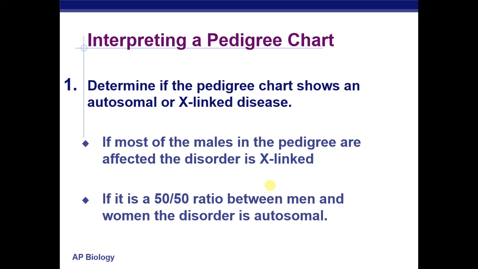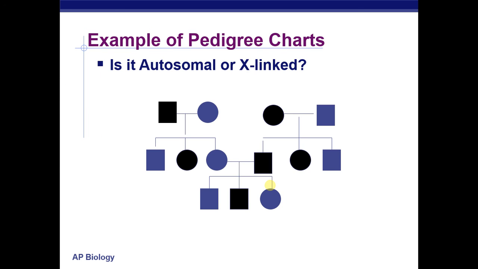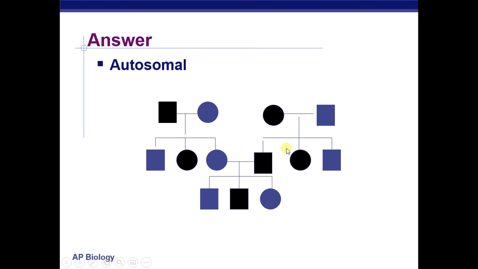If it's closer to evenly distributed, that's going to be a signal that it's going to be an autosomal trait, so not on a sex chromosome. As an example, this pedigree would most likely be autosomal because we have 1, 2, 3 males, 1, 2, 3 females affected, kind of close to a 50-50 ratio. That's going to be an autosomally inherited trait.